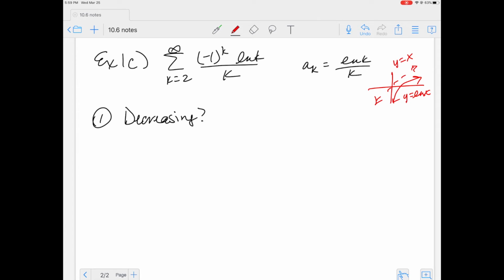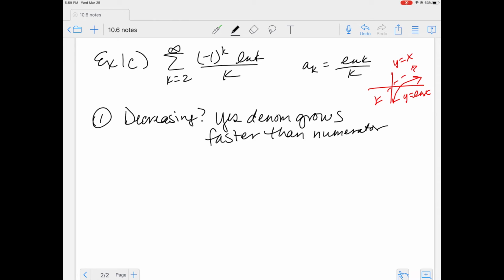Which one gets bigger faster? Yeah, the identity function, right? So that tells you your denominator is growing faster than your numerator. The natural log almost levels out, but not quite. It just barely increases, right? So yes, the denominator grows faster than the numerator.